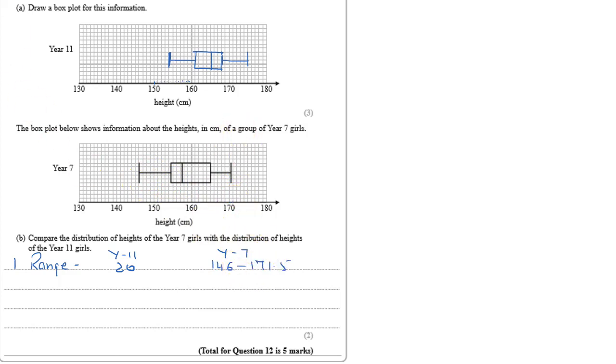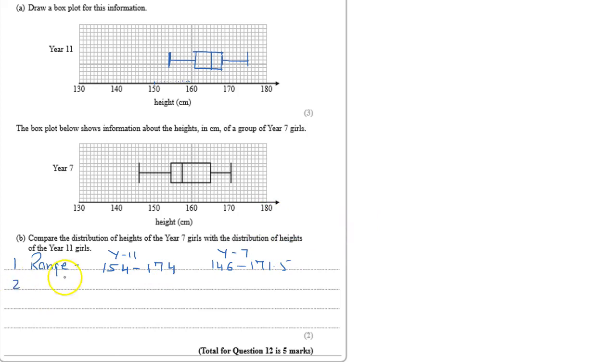And here the range, if I write in terms of this, that is 154 to 174.